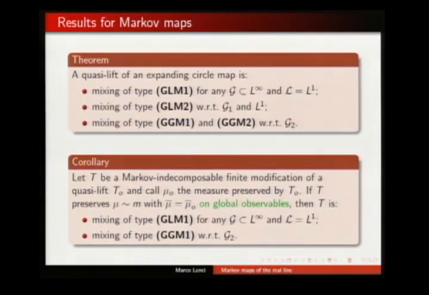So you want to have the same thing. This can be removed, but for the sake of simplicity, let me just state it like that. Then in this situation, you can prove the weaker form of global-local mixing and the weaker form of global-global mixing.